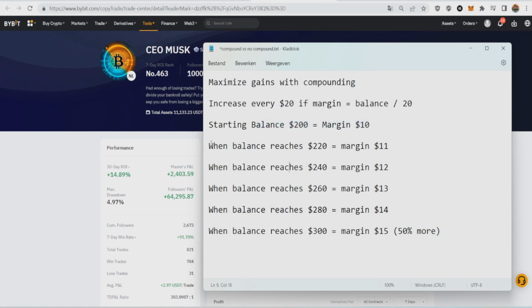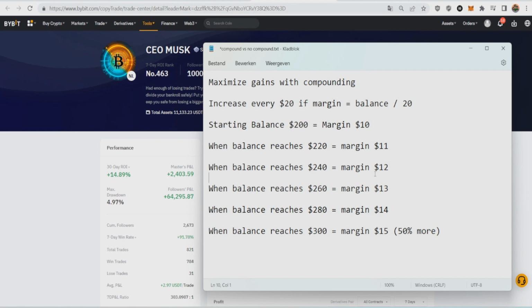When your balance reaches $220, you up your margin to $11. When it reaches $250, you can up it to $12. When the balance reaches $260, you can up your margin to $13. And when your balance reaches, let's say $300, you're already at $15. So you will be making 50% more. And this is how you can increase your money starting with a low balance.